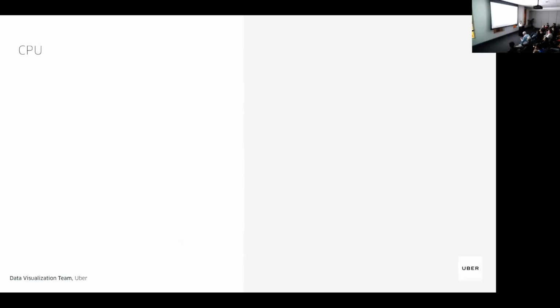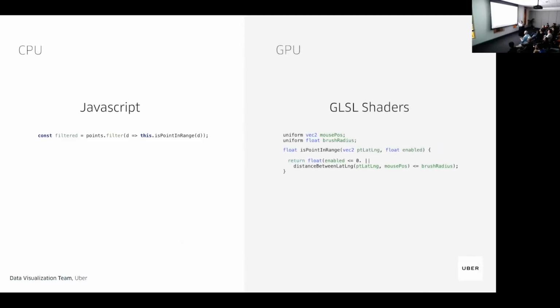The only thing is that, when doing things on the CPU, most of what you do is write JavaScript. And this plain old JavaScript looks so familiar. You do a points filter and do any calculations. But when you do things with the GPU, you need to write this type of thing called GLSL shaders. GLSL shaders are what WebGL uses to tell your GPU how to render your points.